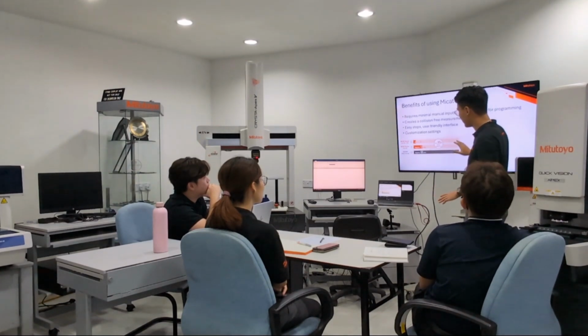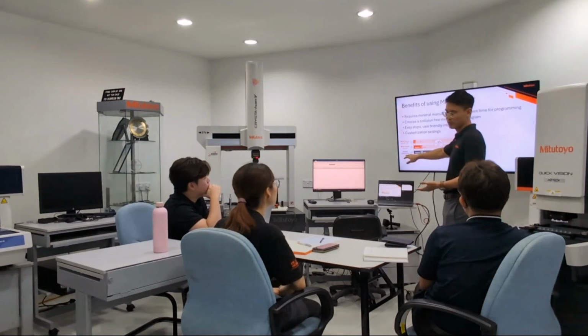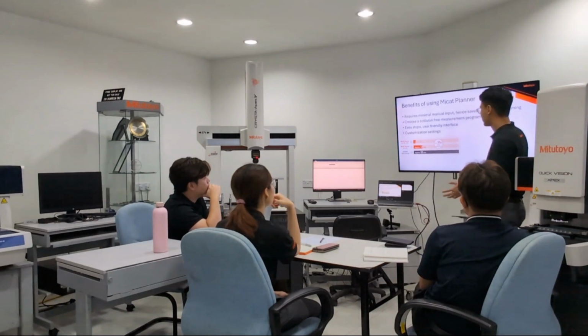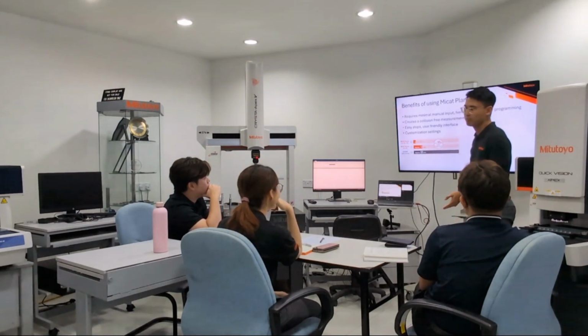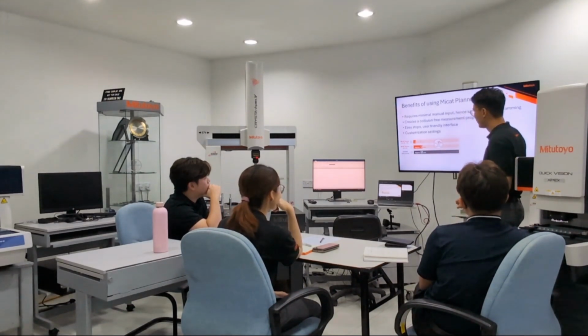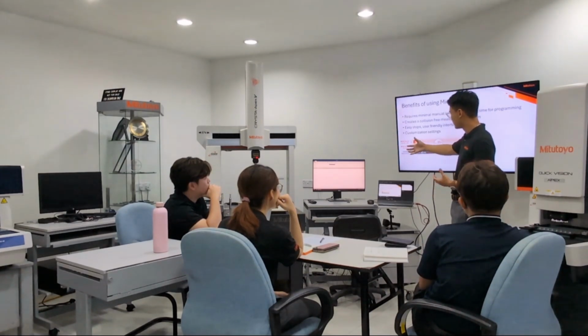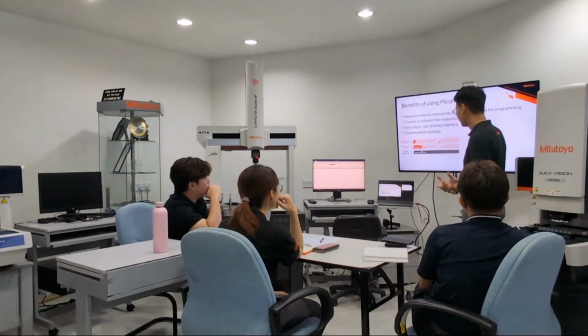So here we have a comparison. If you use the manual way of creating a program, it takes, for example, 16 minutes. If you use Micat Planner with a 3D CAD file, it can take up to 12 minutes.